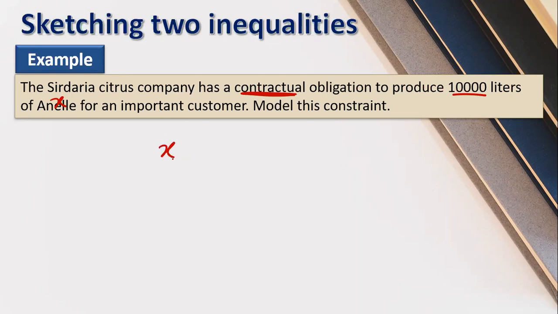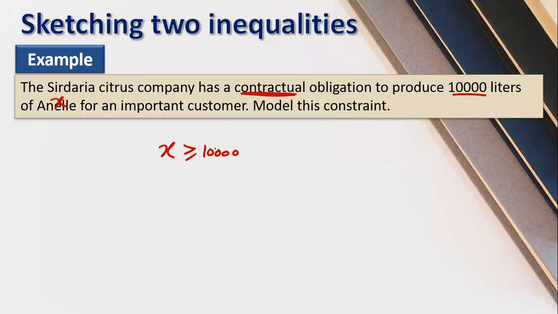So what will be the mathematical model for this? Greater or equal? Yes, because they already have a contract. They can't produce less. Yes, exactly. They cannot produce less, so they can produce more than or equal to 10,000.